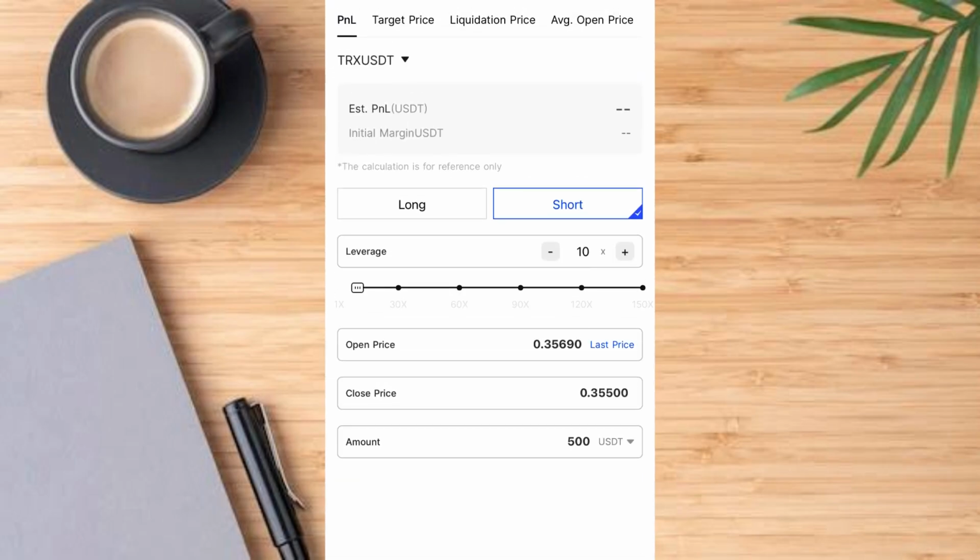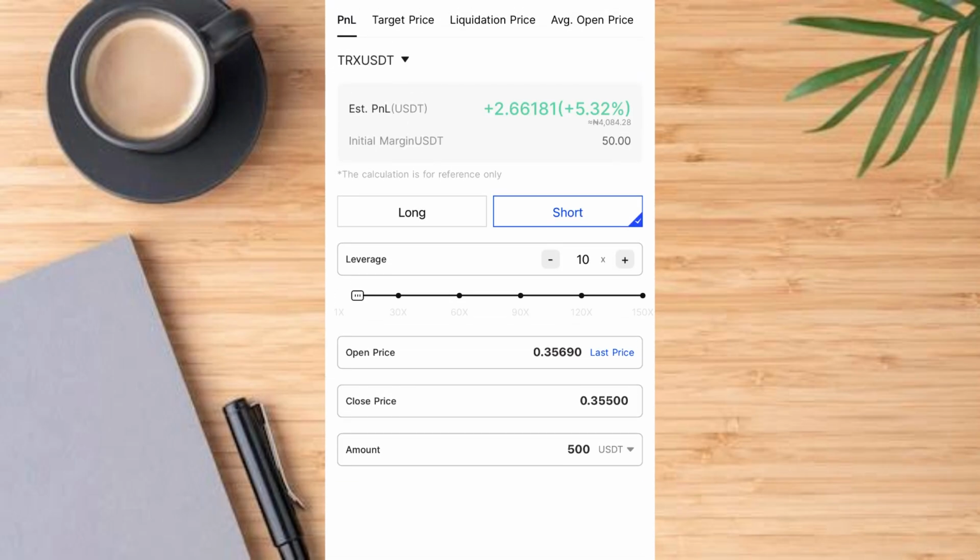Then tap on calculate. So you can see that we make 2.66%, that is 5% of what you invested. You're going to get it here. So that is how to use this calculator to calculate your estimated profit before you enter the market.